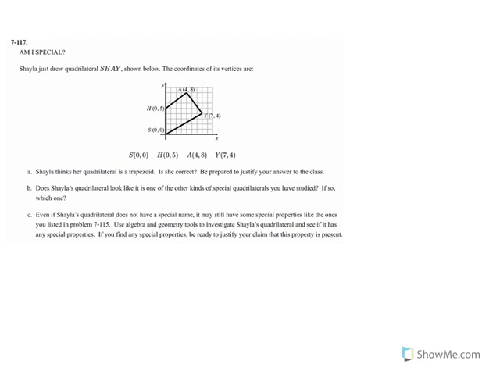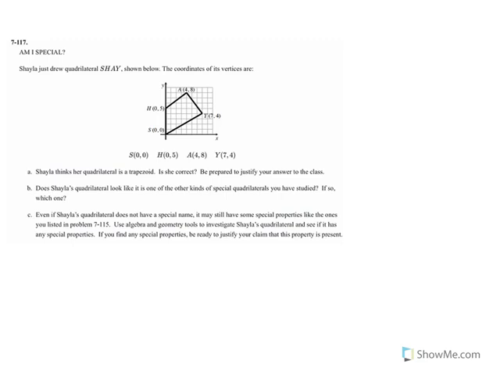The coordinates of its vertices are (4, 8), (0, 5), (0, 0), and (7, 4). So Shayla thinks her quadrilateral is a trapezoid. Is she correct? Be prepared to justify your answer to the class.